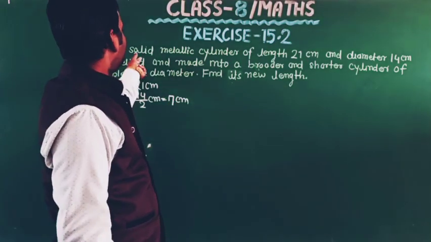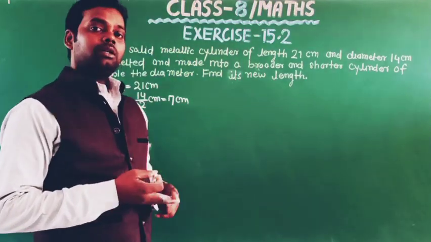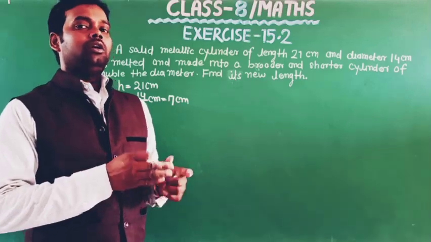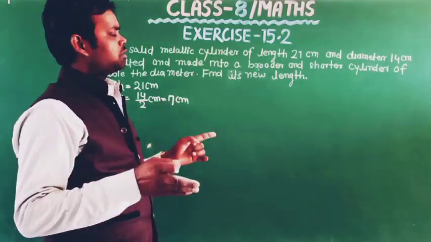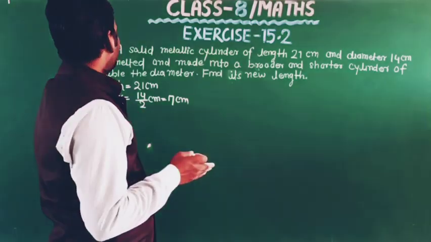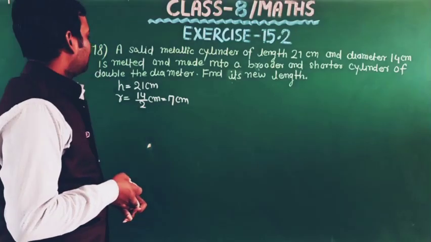The given solid metallic cylinder of length 21 centimeter and diameter 14 centimeter is melted to form a broader and shorter cylinder of double the diameter.